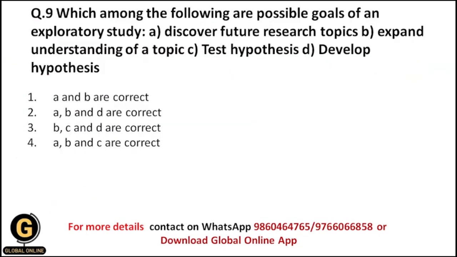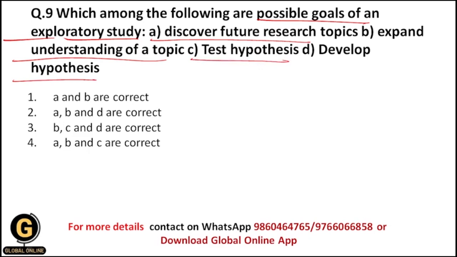Which among the following are possible goals of an exploratory study? Here we have four options, A, B, C, D, with statements about possible goals of an exploratory study, and we are going to identify them. First is discover future research topics, then expand understanding of a topic, test hypothesis, develop hypothesis.